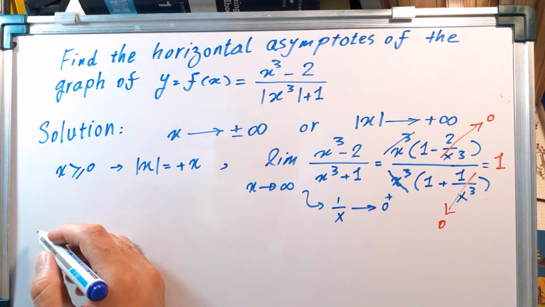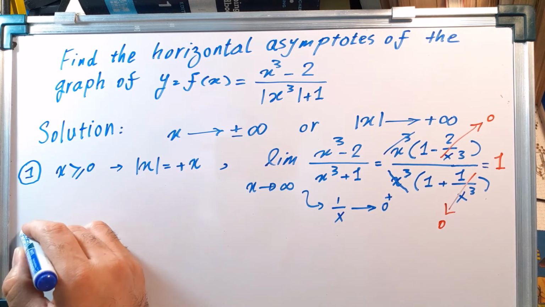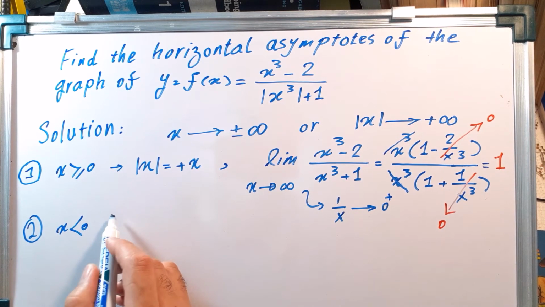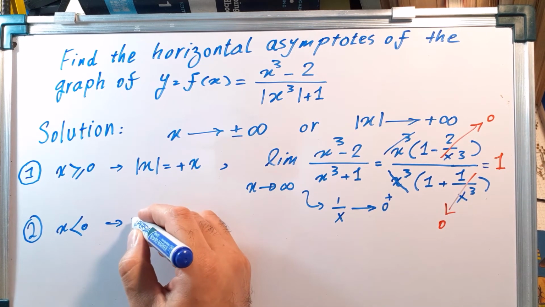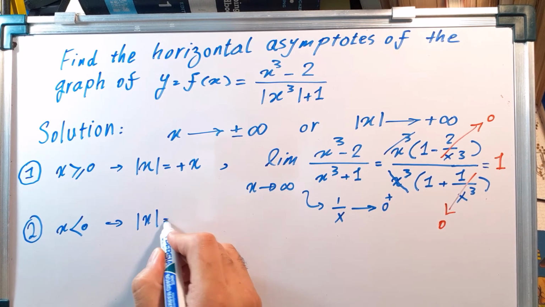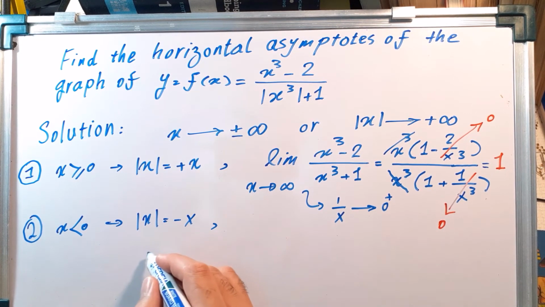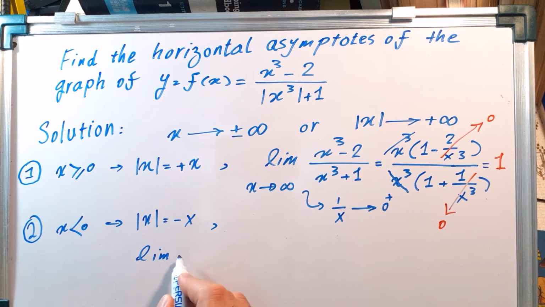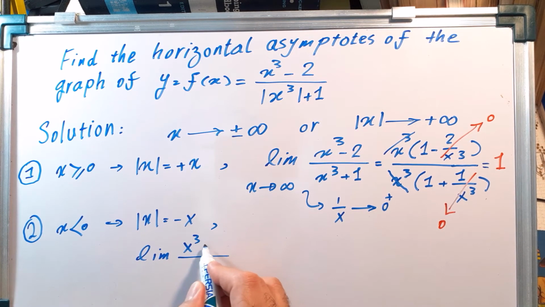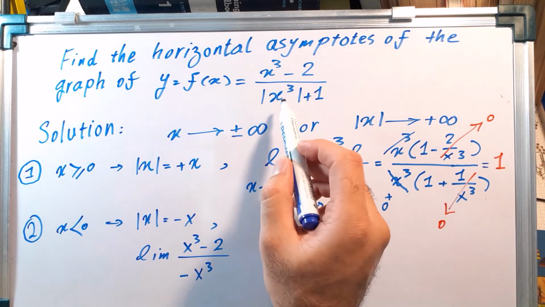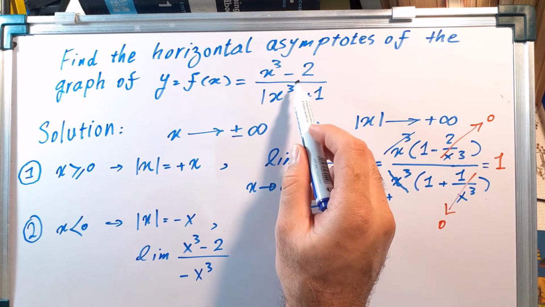And similarly, for the other case, x is less than 0 and the absolute value of x equals minus x, and we have the limit of x to the power 3 minus 2, and here minus x to the power 3 instead of the absolute value of x to the power 3.